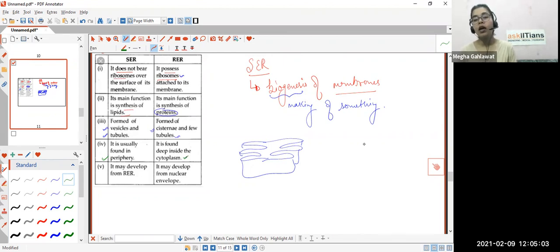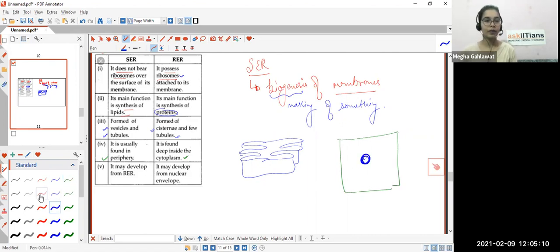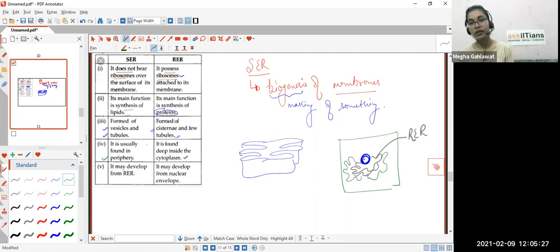Why? Because let's say this is the cell that we are talking about and this is the nucleus present in the cell. The rough endoplasmic reticulum is present like this, and the smooth endoplasmic reticulum will be present like this, because it is in continuation with the rough endoplasmic reticulum.